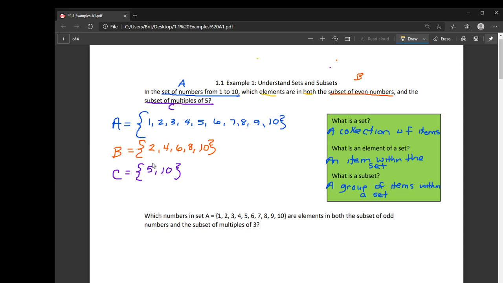Is 5 within B? 5 goes between 4 and 6, so 5 is not in B, so it's not in both subsets. So then I'm going to look at 10, and I'll see that 10 is in B. So the only element that is in both is the number 10, and that would be my answer.